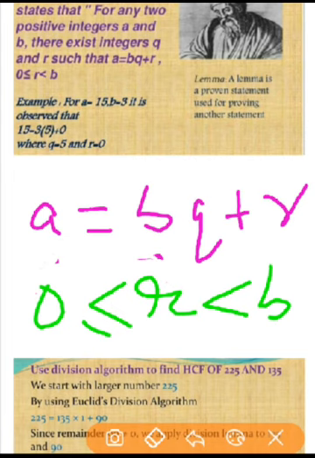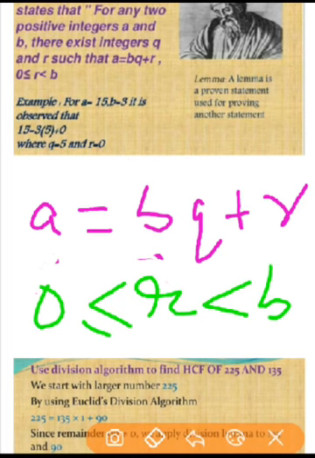When you divide two numbers, suppose a is the greater number and b is the smaller number, the remainder can be 0, it can be more than 0, but it will always be less than the divisor. Less than the divisor. So this is called Euclid's division lemma.